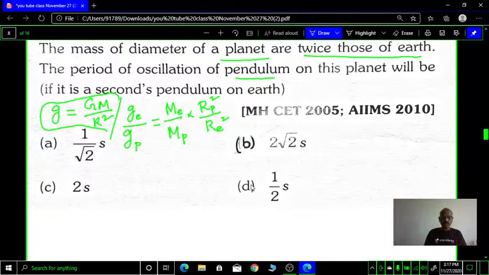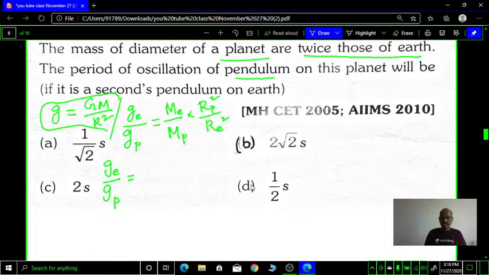That's it. Now we know this relation, right? Now go ahead, g value on Earth by g value on the planet equals. It is given clearly that the mass and diameter of the planet are twice those of Earth. The time period of oscillation of the pendulum on this planet will be, here mass remains constant, assume. So you leave the mass.